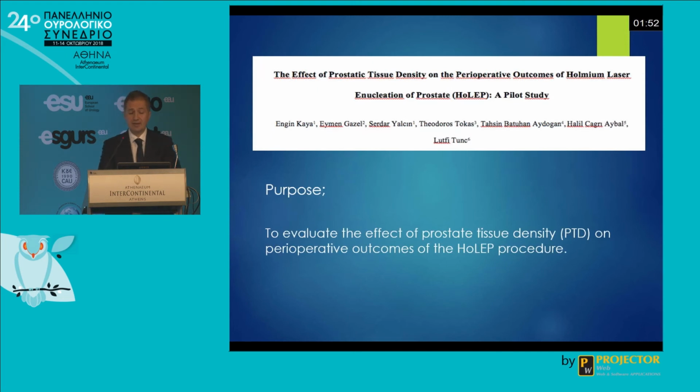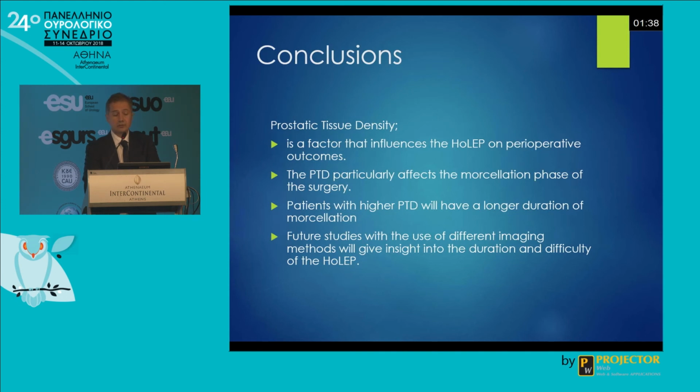The other study is the effect of prostatic tissue density on the perioperative outcomes of holmium laser enucleation of prostate. Our aim is to evaluate the effect of prostate tissue density on perioperative outcomes of the HOLEP procedure, and we concluded that prostatic tissue density is a factor that influences perioperative outcomes, and particularly affects the morcellation phase of the surgery.